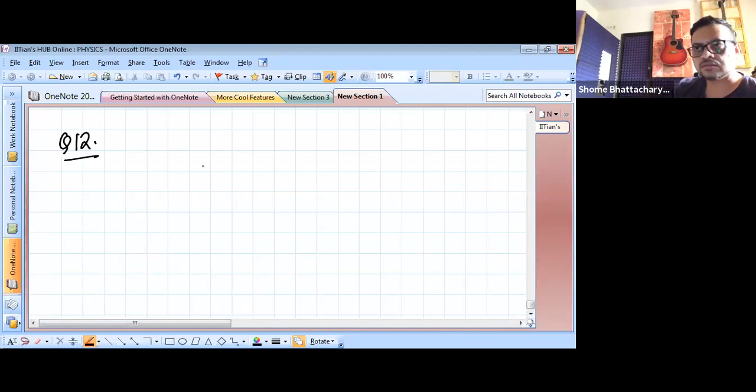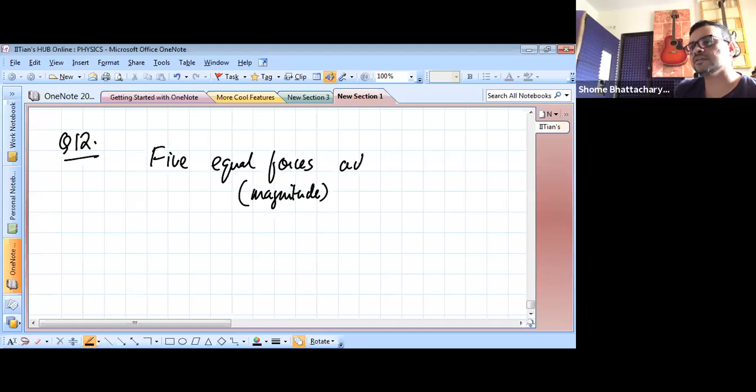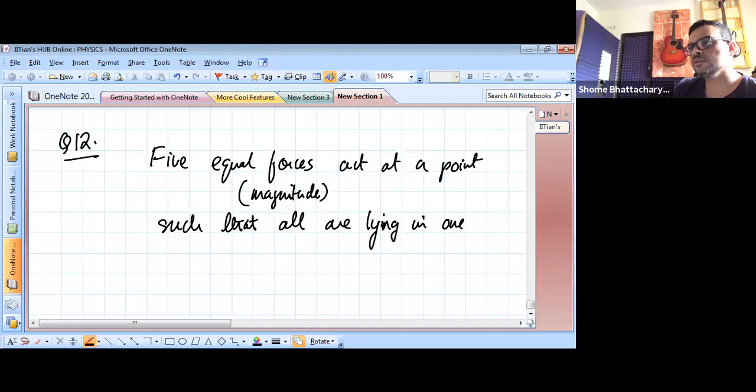If it says 5 equal forces, what they mean by equal forces is equal magnitude forces, at a point, such that all are lying in one common plane.